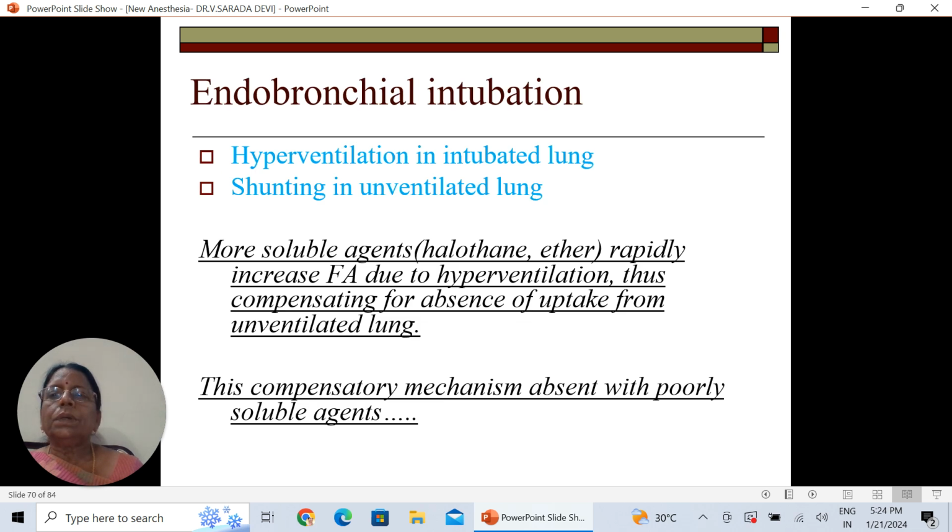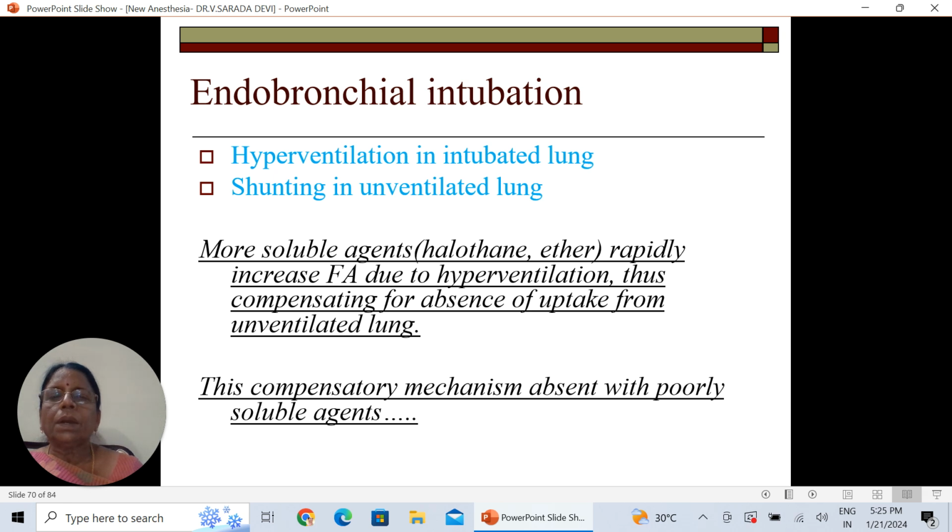In endobronchial intubation, there is hyperventilation in the intubated lung, and there is a shunting in the unventilated lung. So more soluble agents like halothane and ether rapidly increase due to hyperventilation, thus compensating for the absence of uptake from the unventilated lung.